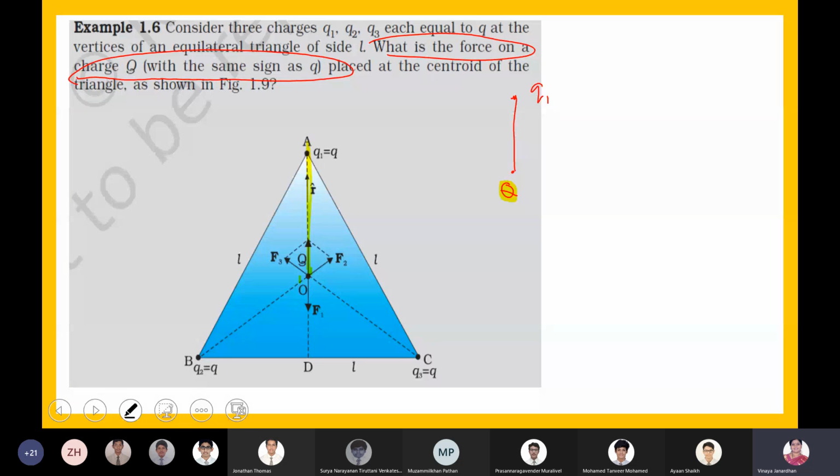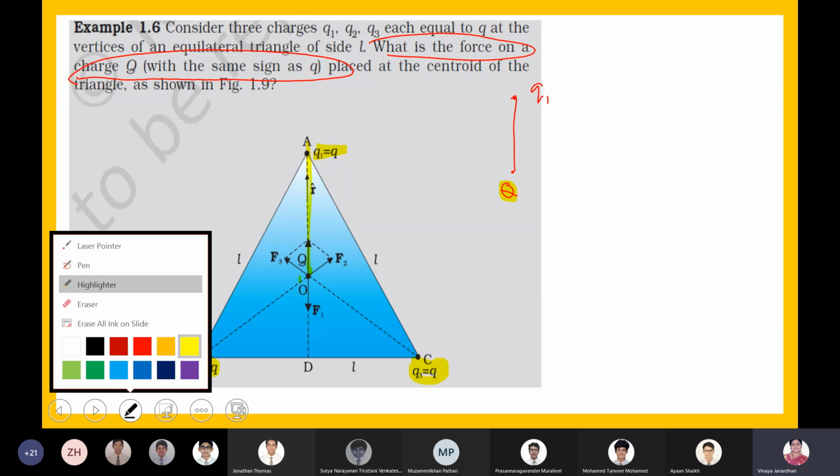For that, you have to find the distance between the charge capital Q placed at the centroid and the charge Q1, and then the force acting on capital Q due to Q2 and Q3. Can you visualize this, boys?